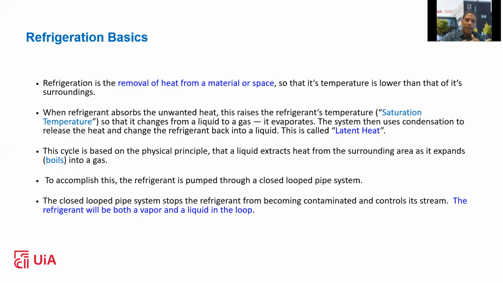The condenser changes the phase from gas to liquid as it condenses, and then it comes to the expansion valve again. When it changes phase from gas to liquid, that is called the latent heat of this refrigerant. Okay, so this is the main basic of the refrigeration cycle, or how it works.